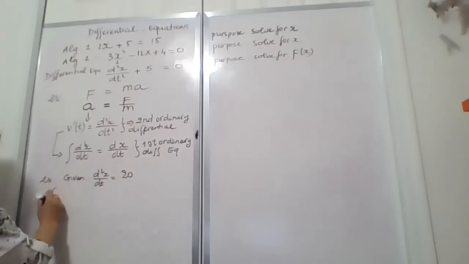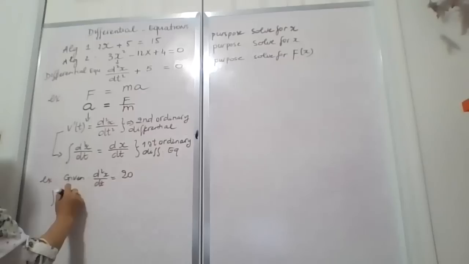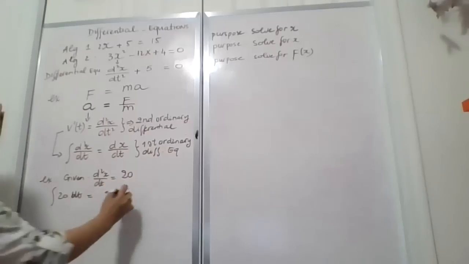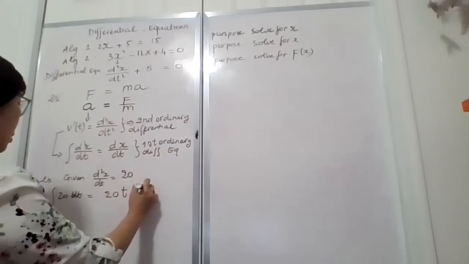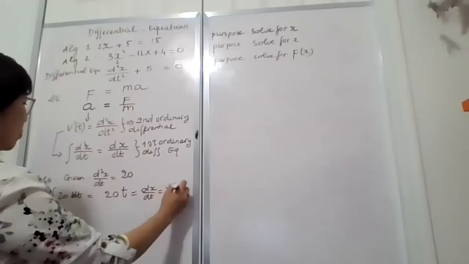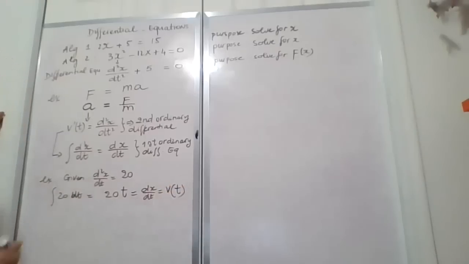So integrate 20 dt will give you what? 20t. And that's equivalent to dx over dt, the same like v of t, velocity, right?